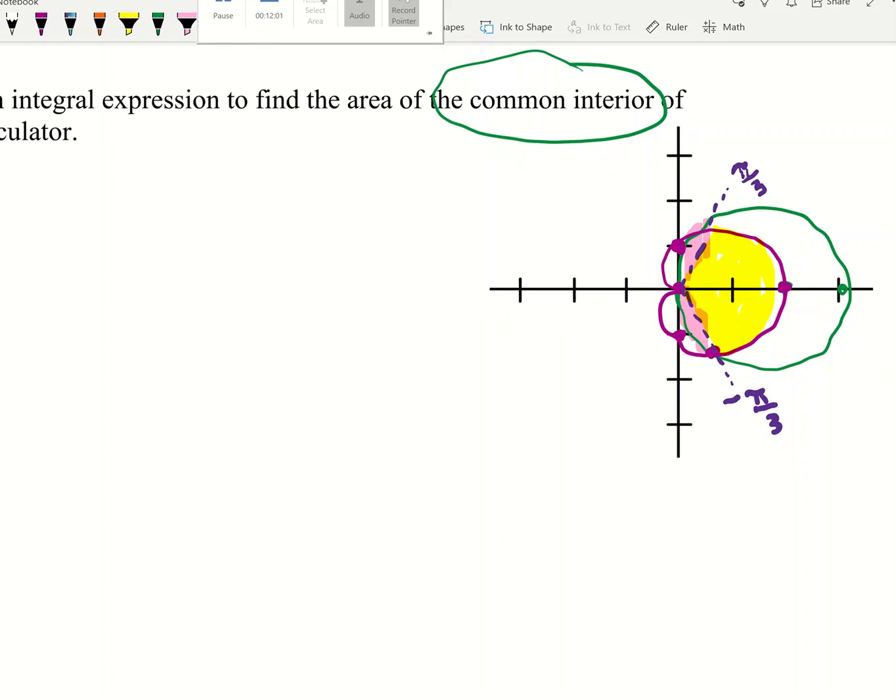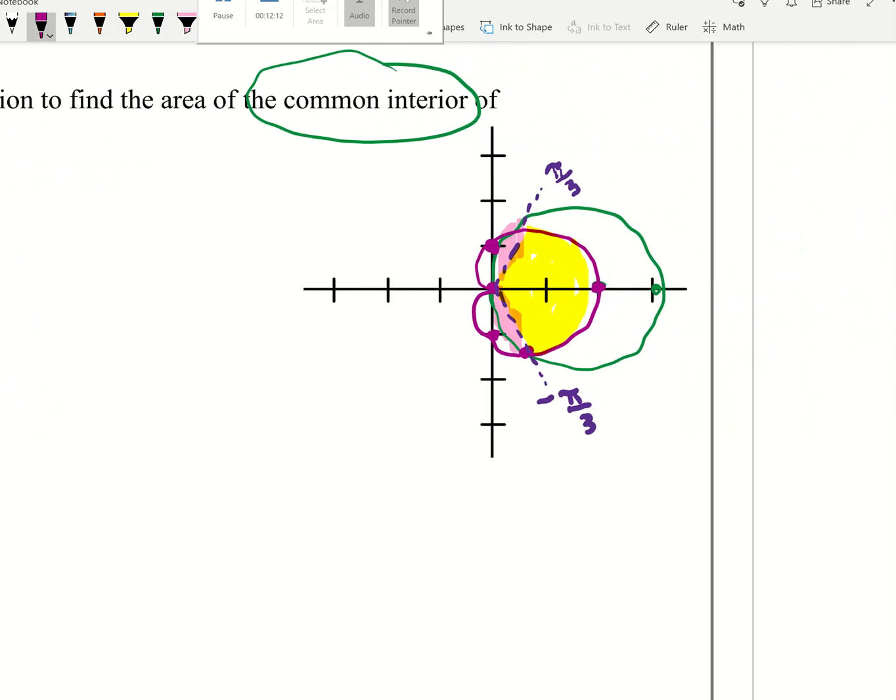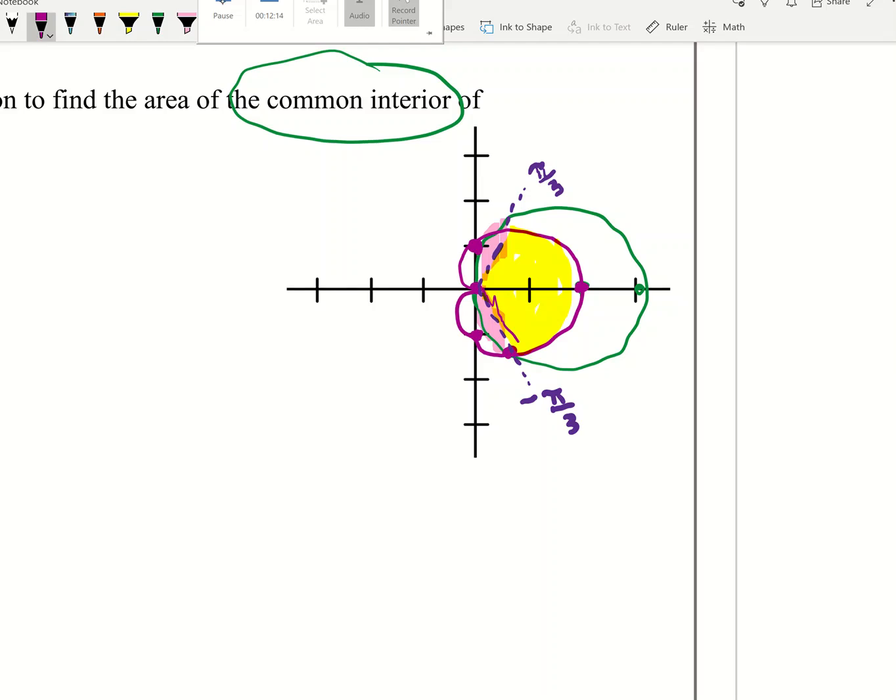Here's why. Let me draw some lines in here. I'll start with some purple lines. If I'm looking at the cardioid and I'm doing the radius of the cardioid from negative pi over 3 to 0 to pi over 3, you'll notice that the yellow shaded region is formed by the radii that come from the cardioid.